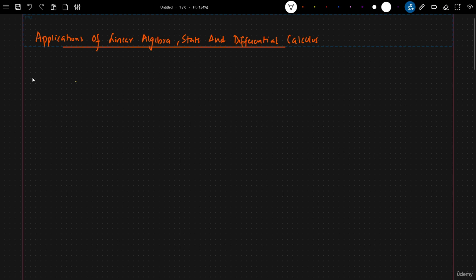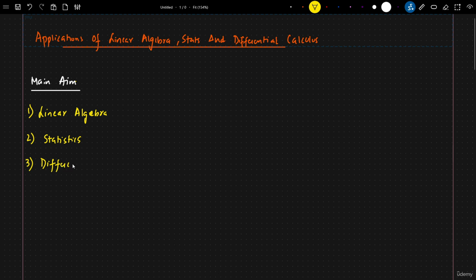Now what is the main aim of this particular section? Till now, if you remember guys, we have discussed various topics in linear algebra, various topics in statistics, and various topics in differential calculus.